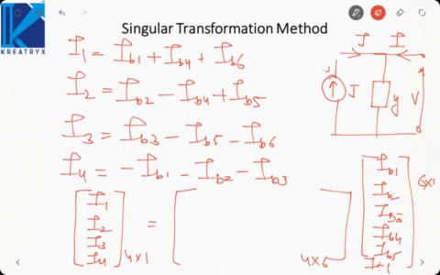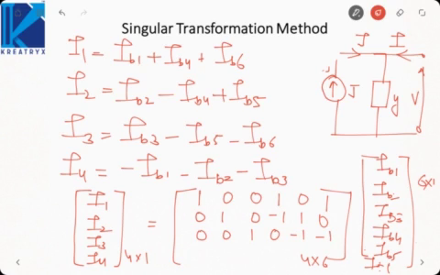So now let us write first row: 1, 4 and 6. That is 1, 0, 0, 1, 0, 1. Next is 2, 4 and 5: 0, 1, 0, minus 1, 1, 0. Then 3, 5 and 6: 0, 0, 1, 0, minus 1, minus 1.